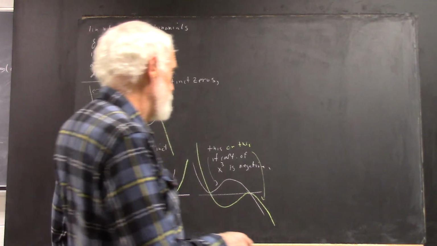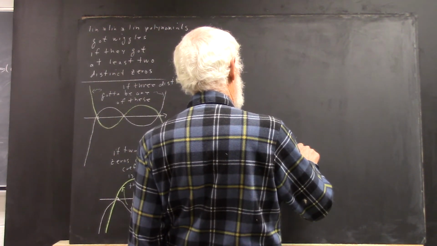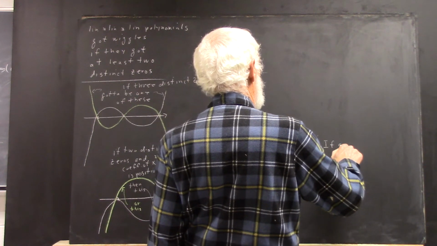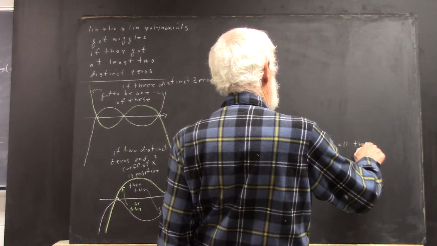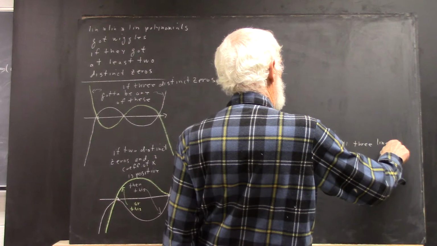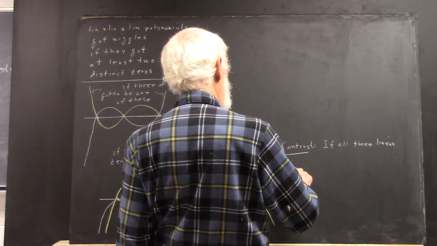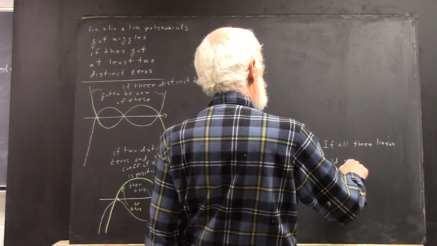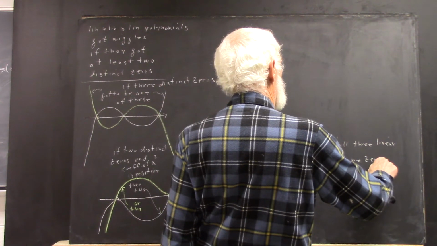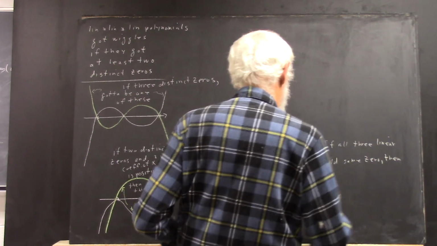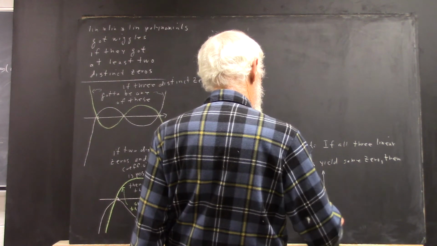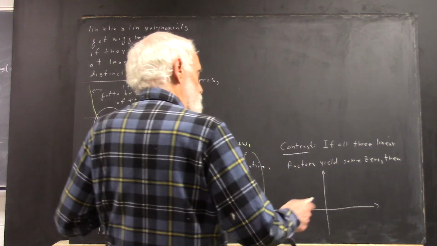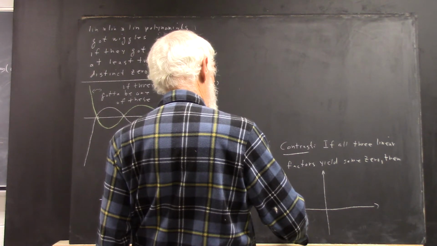And just for contrast, if all three linear factors yield the same zero, then if, say, the zero is here, then the graph is going to act like this.